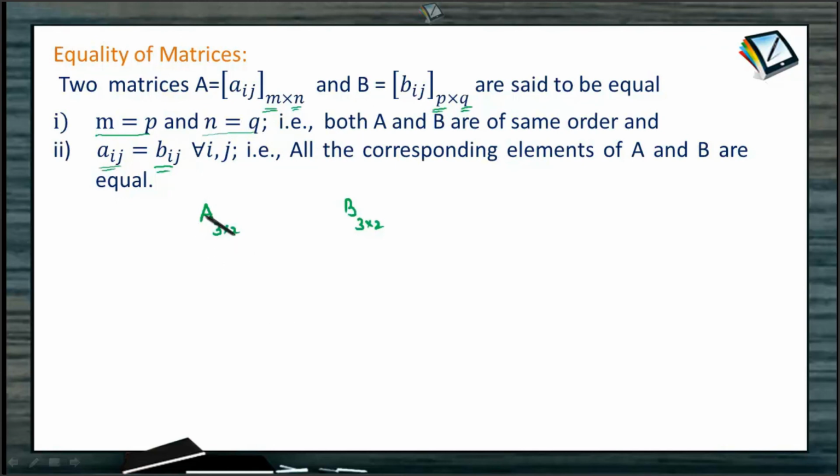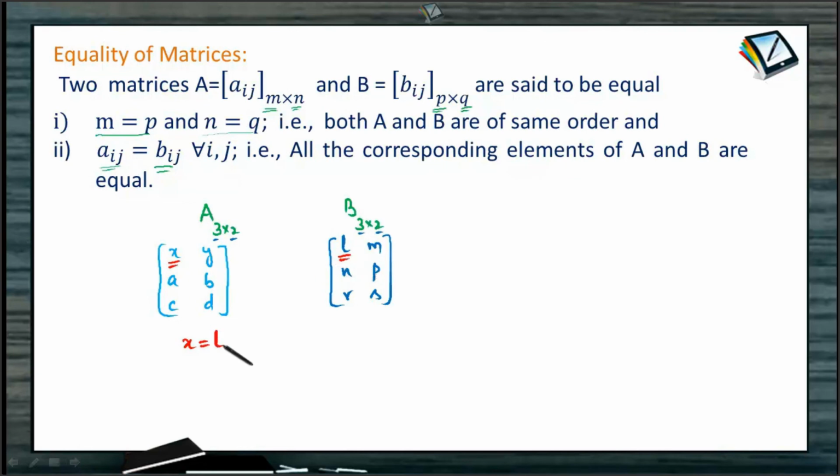That means if we have a 3 by 2 matrix A given by X, Y, A, B, C and D. This is a 3-rowed 2-column matrix. And B, which is also a 3 by 2 matrix, has entries L, M, N, P, R and S. Now that both the matrices' orders are same, what does the second condition say? Yes, the element in the first row, first column must be the same as the second matrix element in the first row and first column.